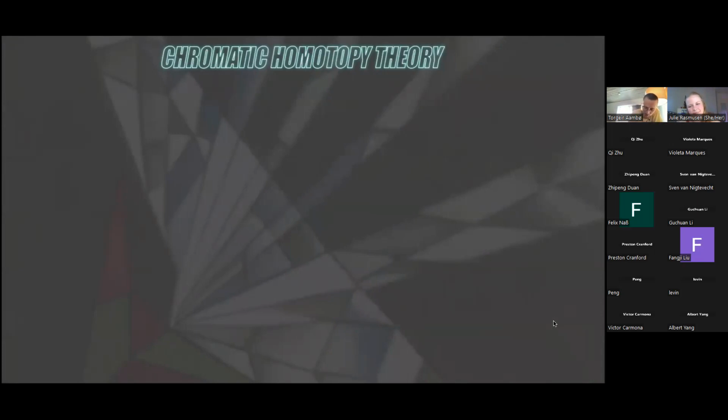Okay, so we have these K-n local categories. They're very important in understanding the structure of stable homotopy theory, precisely because they're minimal pieces of the stable homotopy category, and we can build everything we want out of these guys. At least we can build every finite spectrum out of K-n local ones.